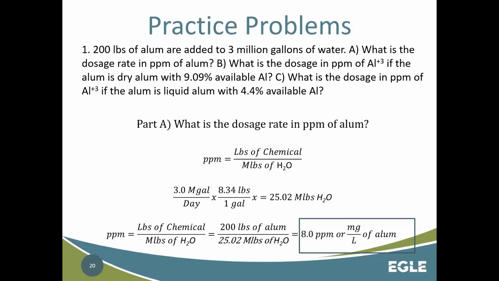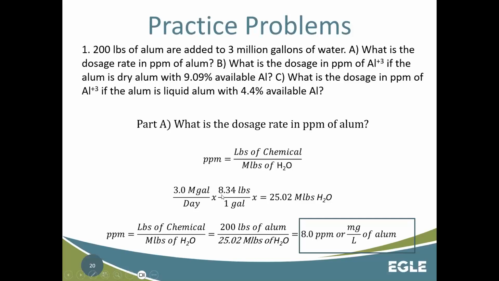All right, well, let's start with part A. What is the dosage rate in ppm of alum? So this is probably going to look familiar to some of you, but ppm is equivalent roughly to the pounds of chemical per million pounds of water. In our problem statement, they told us that we have 3 million gallons of water.